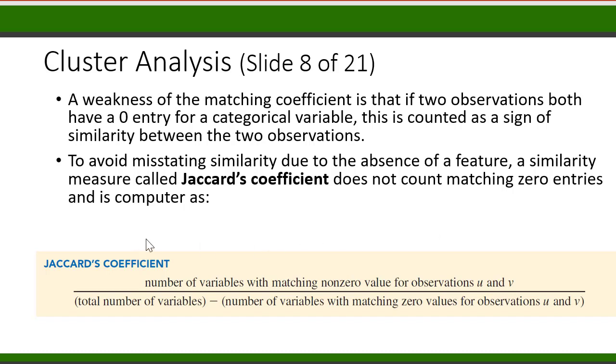So for the Jaccard coefficient, the numerator is the number of variables with matching non-zero value for observation U and V. Then to get the denominator, you take the total number of variables and you subtract out how many of them are matching 0 entries for U and V. And that'll give you a better coefficient.